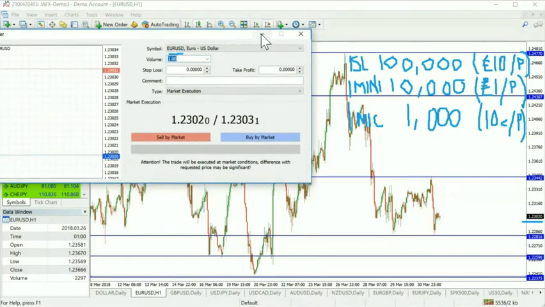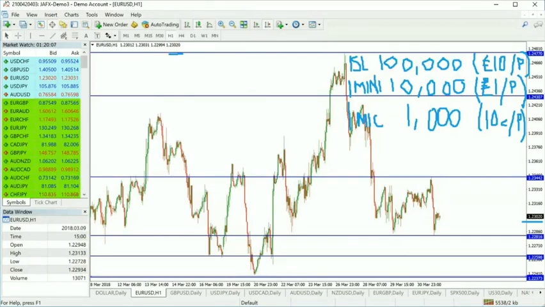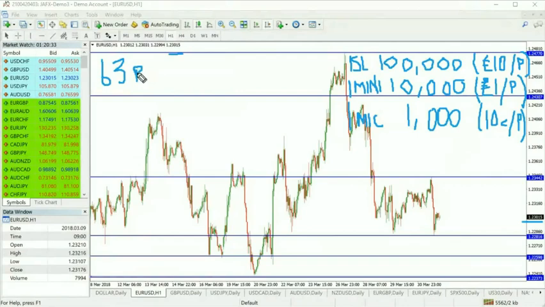So the final point I'd like to make about notional trade size is that if we happen to take a trade which is the 1.2344 to the upside, and we have the 1.2281, we can now work out that in actual fact this means that there is a 63 pips between your entry price and your current stop loss.